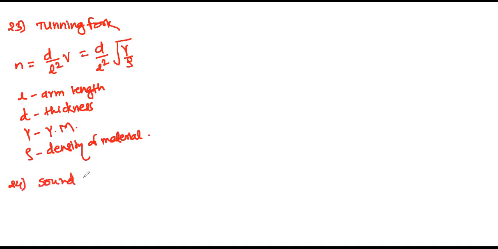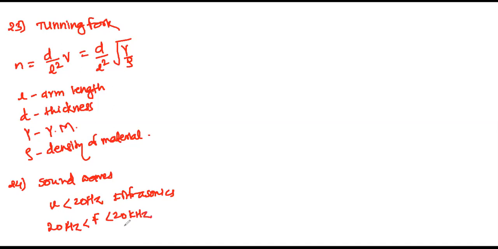Next, sound waves. You know this. ν less than 20 hertz is called infrasonic. Next, whatever frequency is greater than 20 hertz and less than 20 kilohertz, lying in between, is called audible frequency.